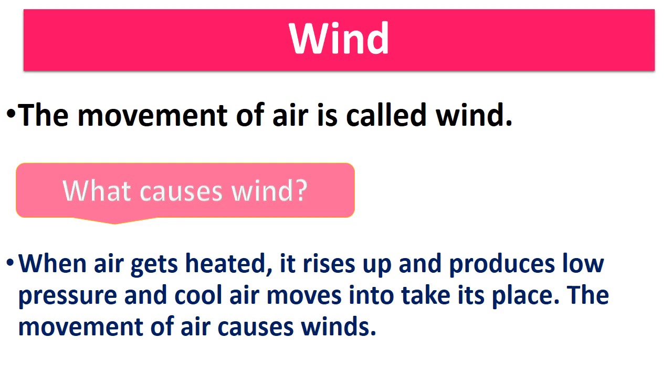I repeat again what happens. Where air gets heated, it rises up, and at that region, low pressure is created. So the cool air occupies that low pressure region. So the movement of air from the region of high pressure to the region of low air pressure causes wind. So are you clear about the answer of the question?